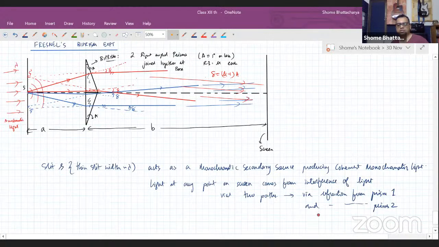This is happening: interference of light from prism 1 and prism 2. So S prime and S double prime become two virtual coherent monochromatic sources.